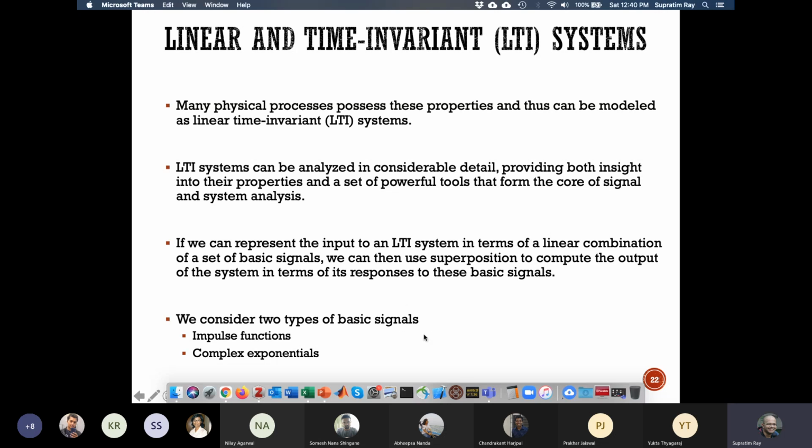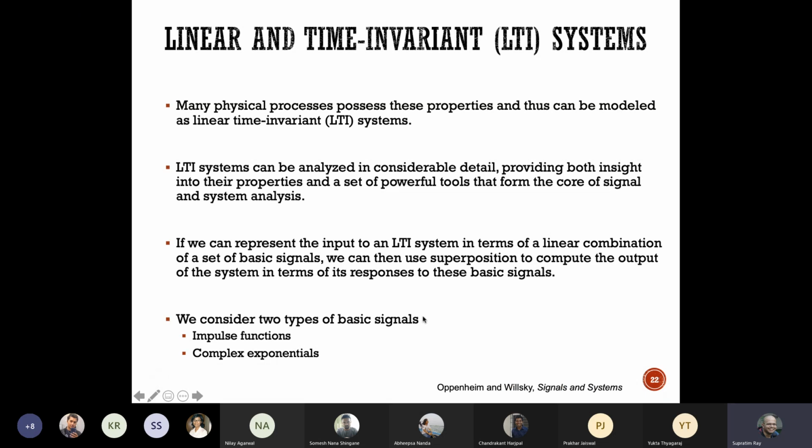Okay, so that's the basic idea that I'm going to get into. And I'm going to start with this very basic signal called an impulse function. And we will see how my understanding of how an LTI system responds to an impulse function can then be used to find out how it would respond to any input.